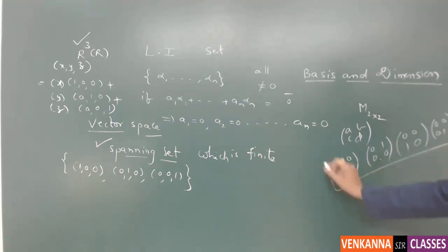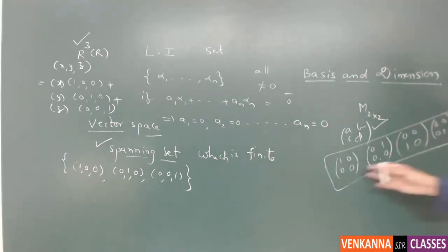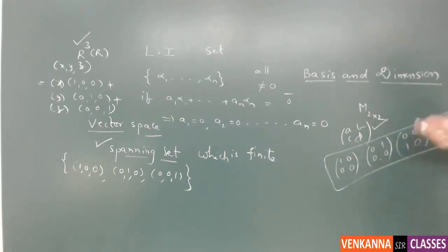Using these four matrices, any such matrix can be represented as a linear combination. You can take other matrices also, but we take the combination of ones and zeros because for every vector space this type of notation can be found very easily. So we call it a standard spanning set.